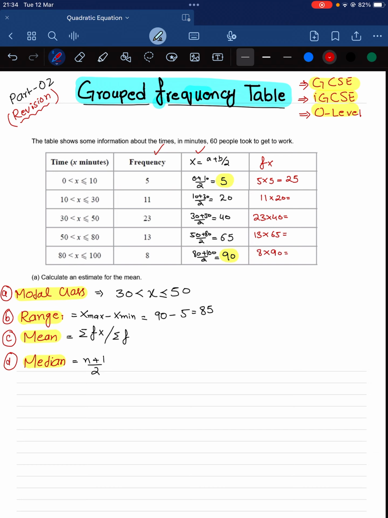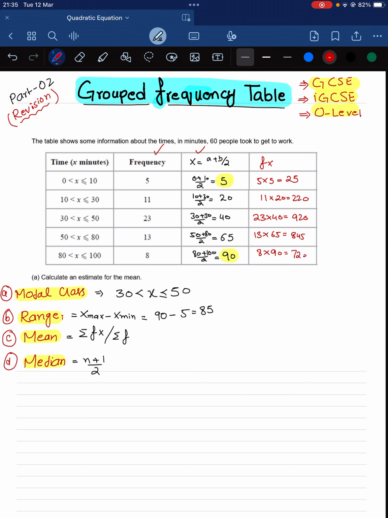So let me calculate. 11 times 20 is 220, 23 times 40 is 920, 13 times 65 is 845, and 8 times 90 is 720.